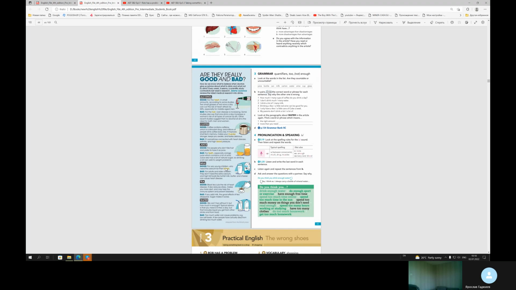Okay, maybe it is in the first paragraph. I don't understand. What should I do? Okay, you should find a word which means the right amount and more than you need. So look through the article. Do you see the article? Yeah. And find the word that describes the right amount, the necessary amount. Not many and not few.